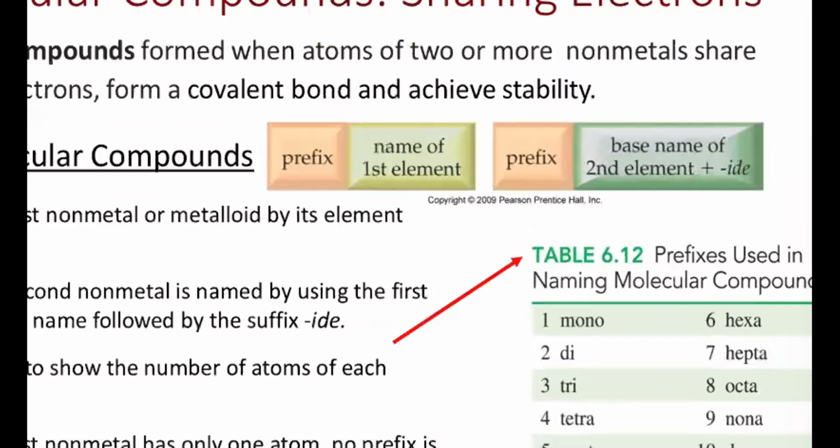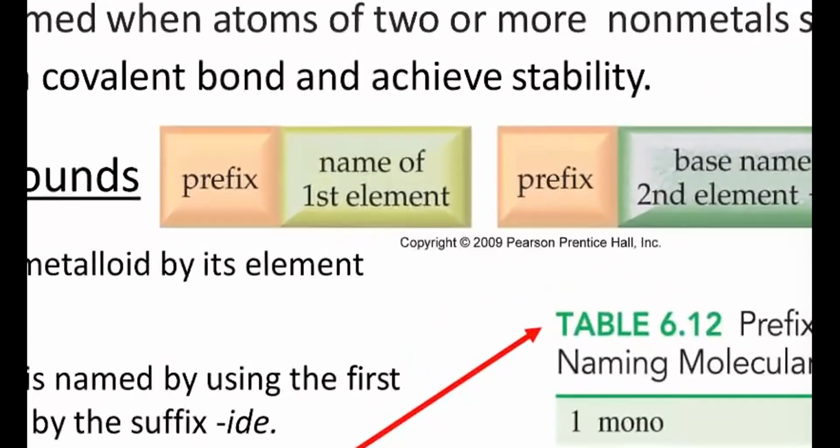So let me just write it here in the notes so you guys can have that. So this prefix is going to be always for the second nonmetal, and this prefix only for subscripts of 2 or more.